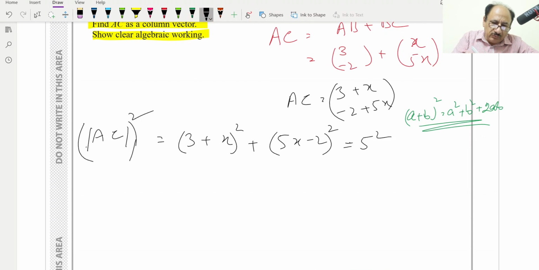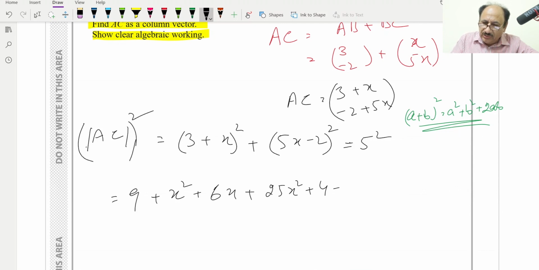So this one will be 3 squared, which is 9, plus x squared plus 3 into 2, 6x. Similarly we can open this. This will be 25x squared plus 4 and minus 2 into 5x into 2, 4 into 5 will be 20, so minus 20x is equal to 25.